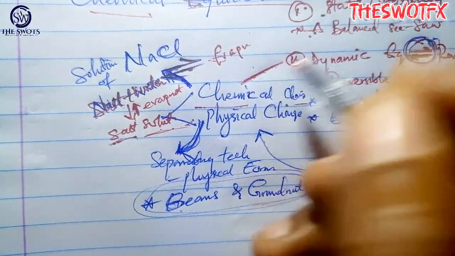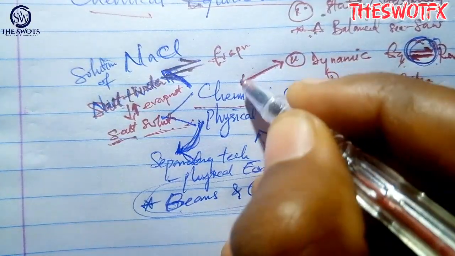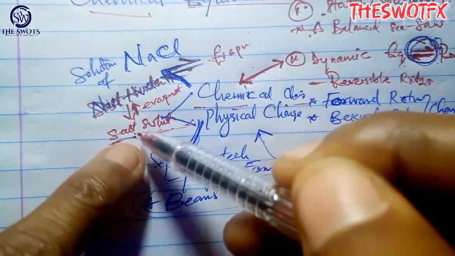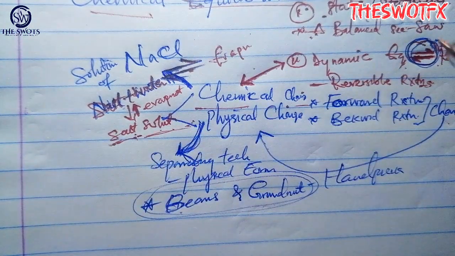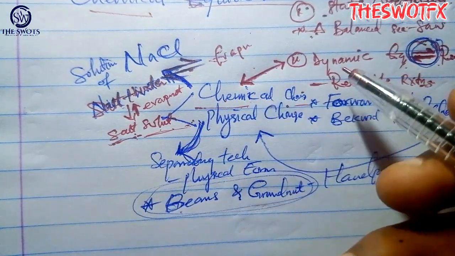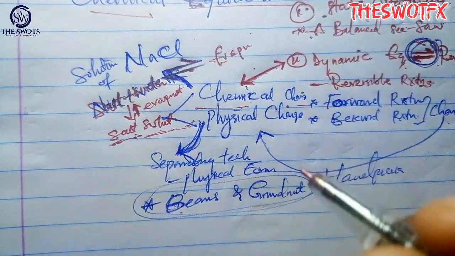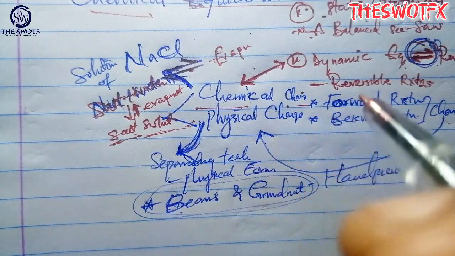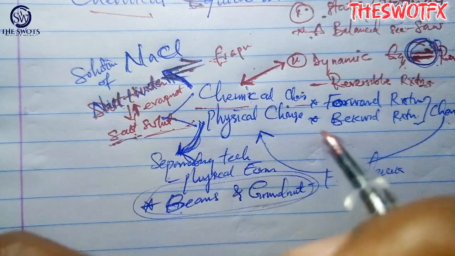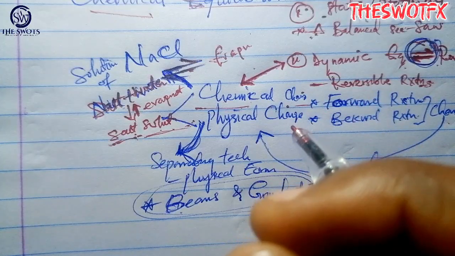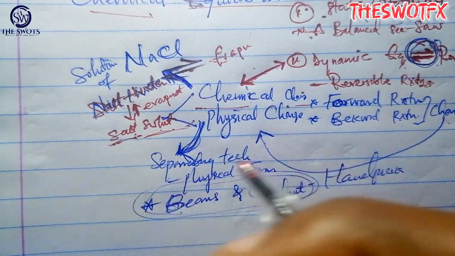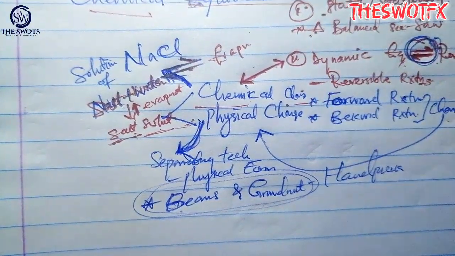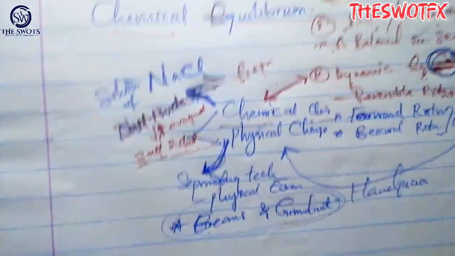Now the state whereby the salt and water with the salt solution are equivalent is what we call chemical equilibrium. Now chemical equilibrium is the state in a reversible chemical reaction. Okay, let's have it now.